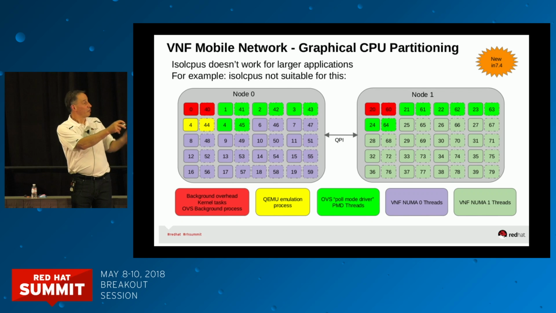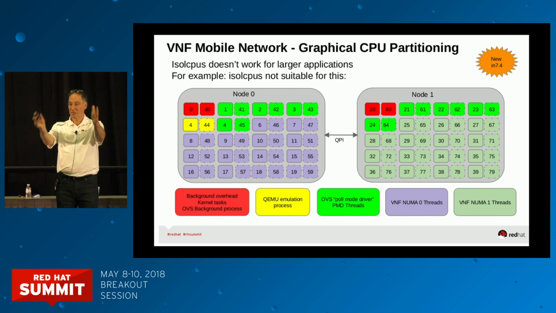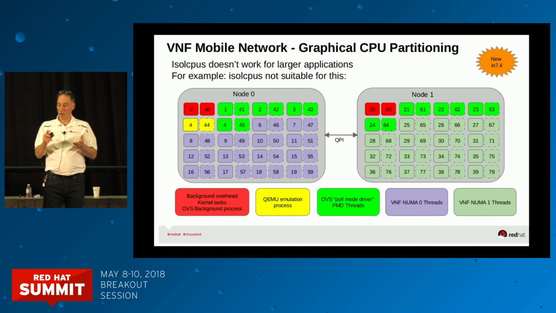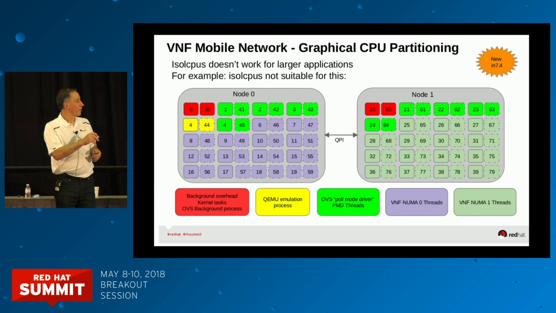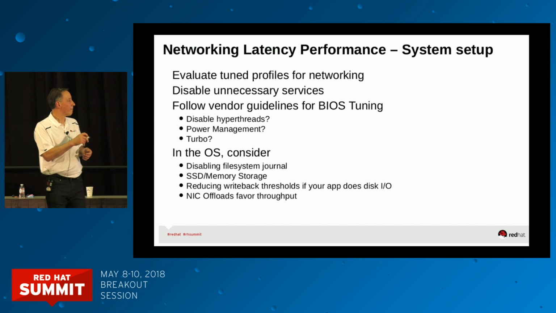You can set TuneD, this profile, to say, hey, just give me a handful of CPUs over here, reboot, and now you can run your test to task set it to say, run on those quiet CPUs. You'll be amazed at the quietness of your performance test when you run on those quiet CPUs. That was a nice surprise out of this.